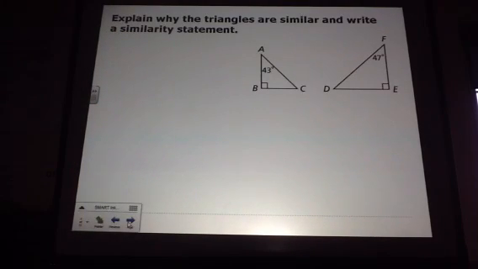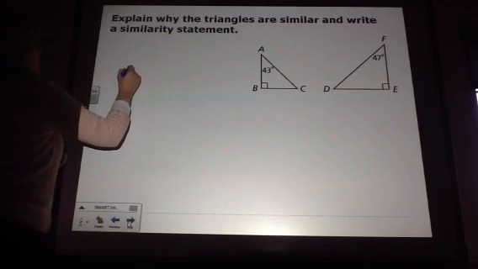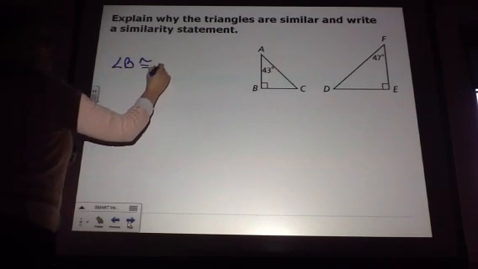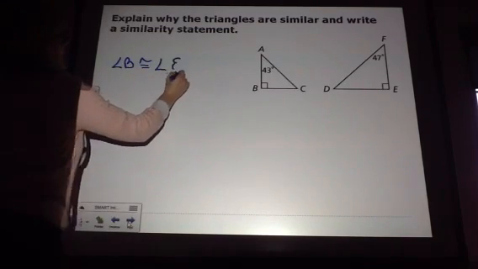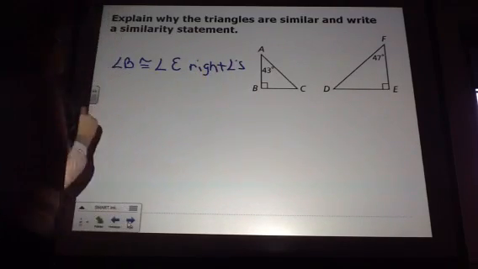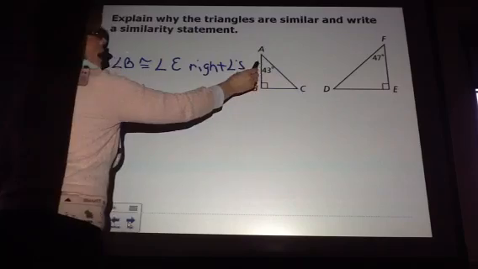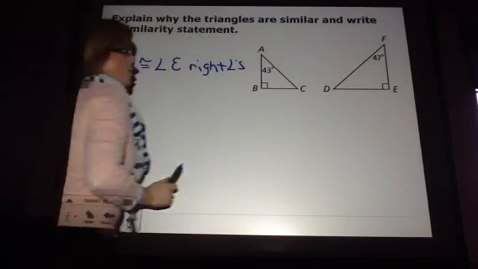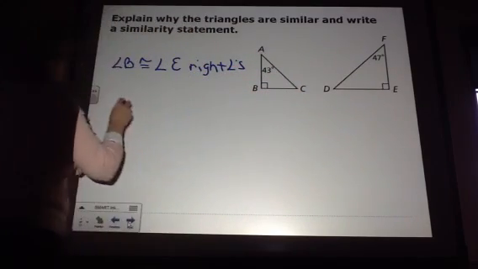Explain why the triangles are similar and write a similarity statement. Okay, well we know that angle B is congruent to angle E, definition of right angles. Okay, we have angle A and we have angle F, which are not congruent. But how can we find the measurement of angle C?